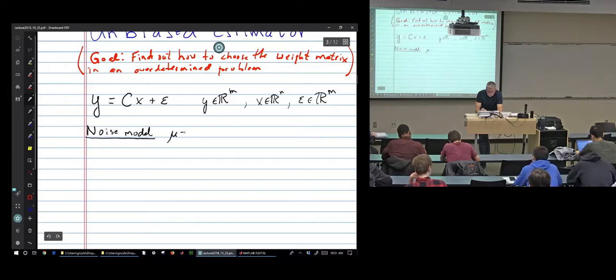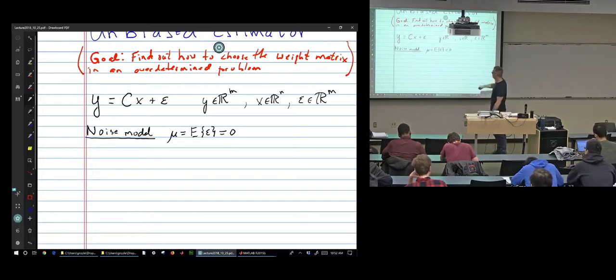We will assume its mean value is 0. Later in homework, you can rederive this when epsilon is not equal to 0.